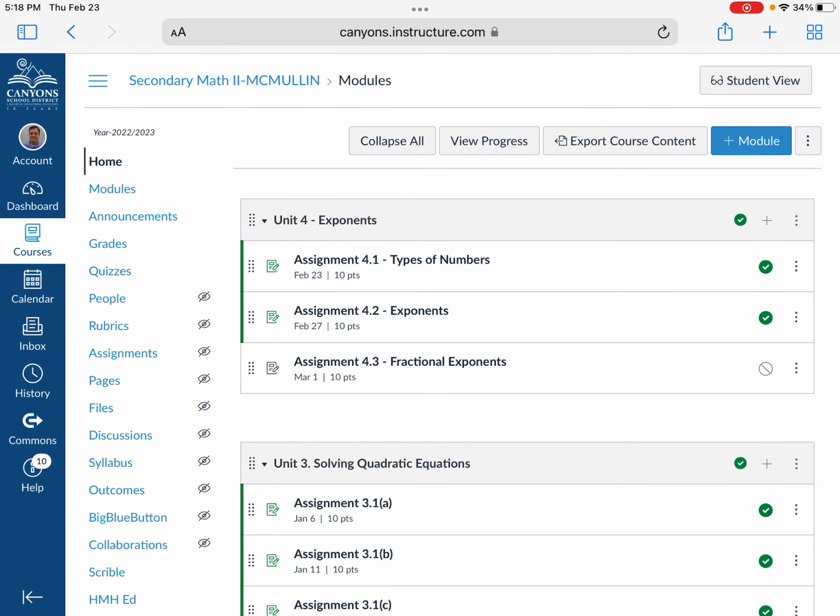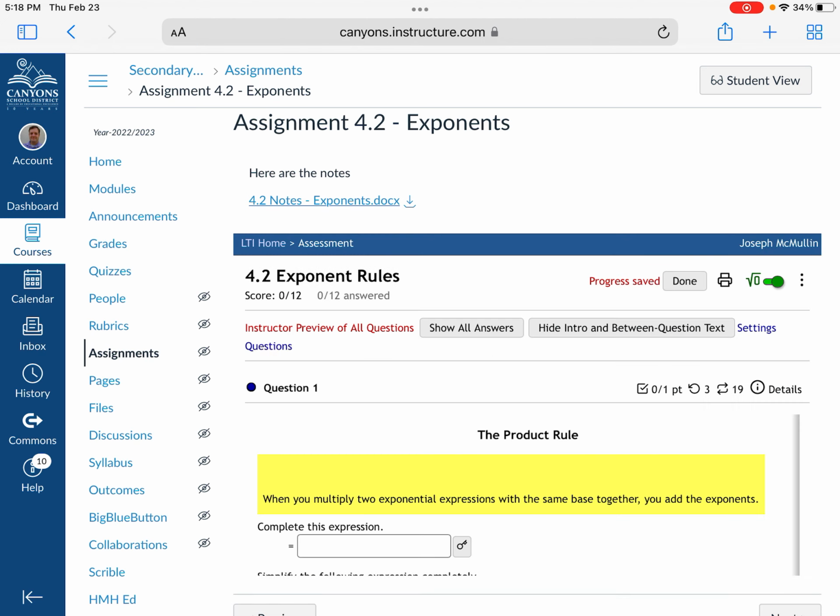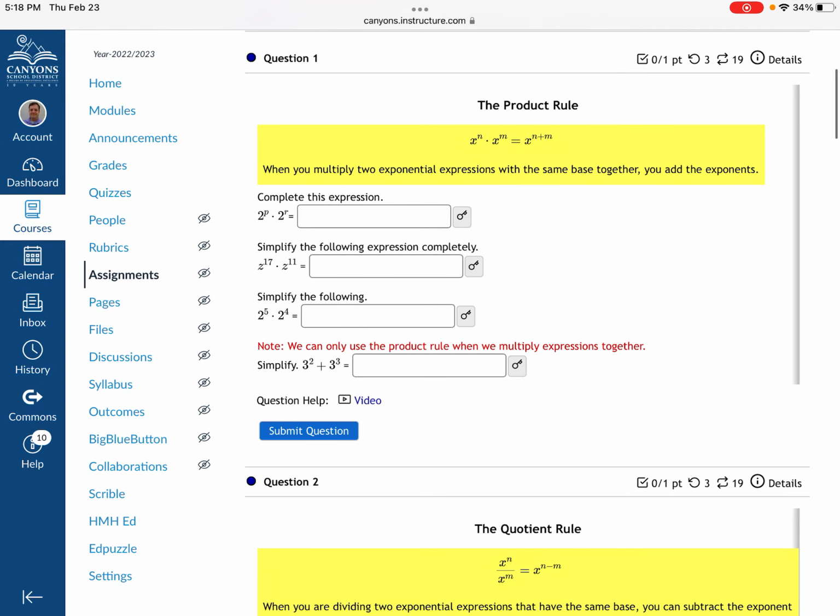Okay, so this is it. Assignment 4.2, exponents. And go ahead and jump in here and start solving these out.